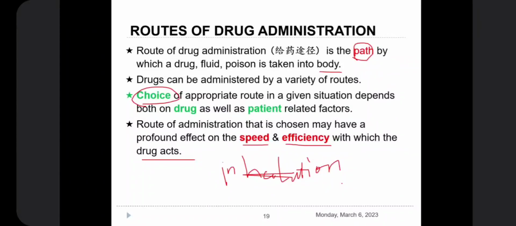But for oral, it will first enter the stomach or intestine, then cross the membrane, maybe first get into the liver, and then into circulation. So inhalation, no doubt, will be faster. It means when you suffer from a respiratory disease, you had better choose the inhalation route to make the drug act faster.